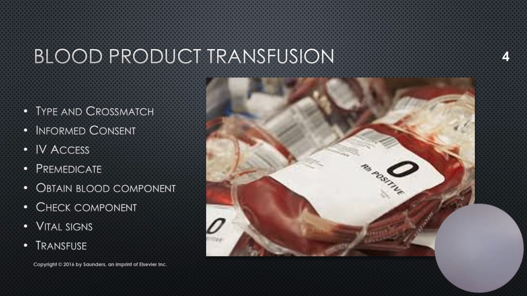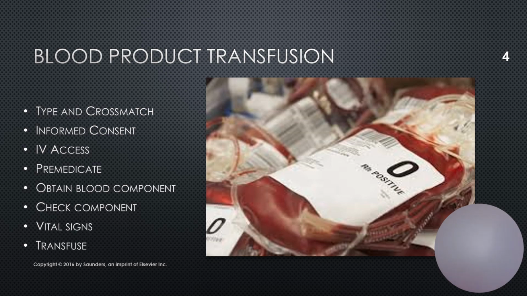This is going to include the recipient's ID number, their name, the blood component ID number, the type of blood component, the AB and RH type, the expiration date. We also examine the blood component to determine that it looks normal. We're not seeing any clots or discoloration, gas or cloudiness to it, and that there are no leaks.